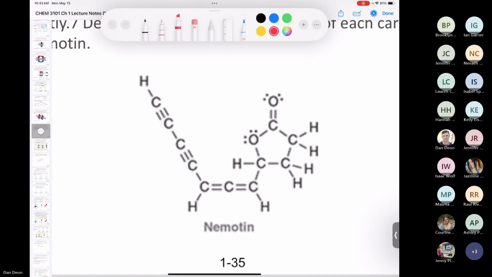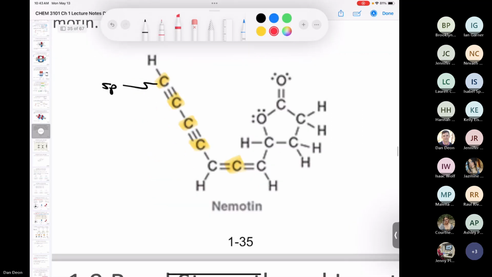These ones are all sp. Then we had this one, and this one. These ones are all sp2.